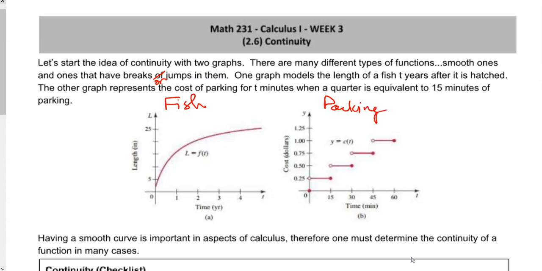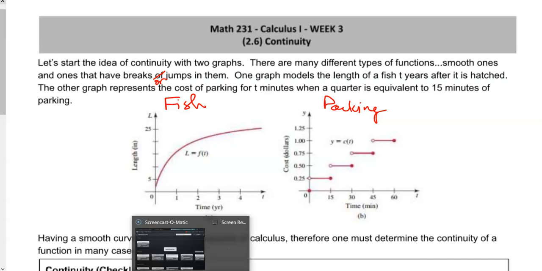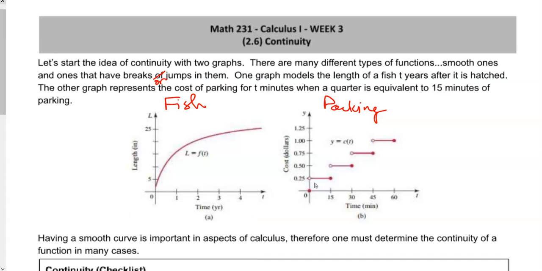Notice on the left we have a nice smooth curve because we grow in a nice smooth fashion. The lengths continue off. Then we end up having some jumps here. Here's 15 minutes for a first quarter, 15 more minutes for another quarter, 15 more minutes for a third quarter, etc. So it's a constant rate whenever we are within a 15-minute increment.